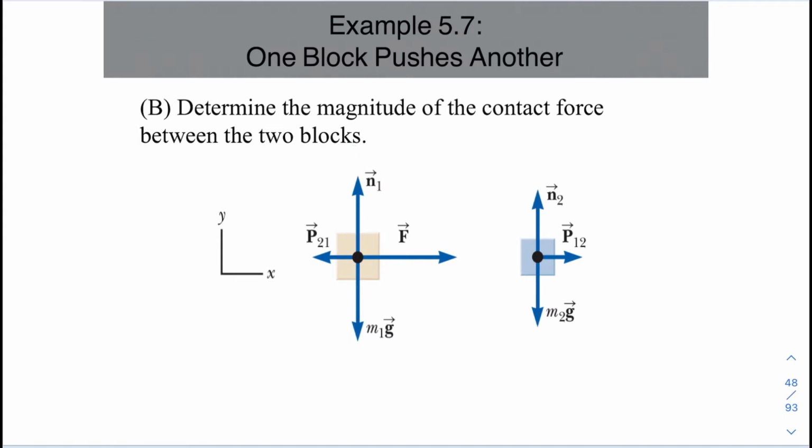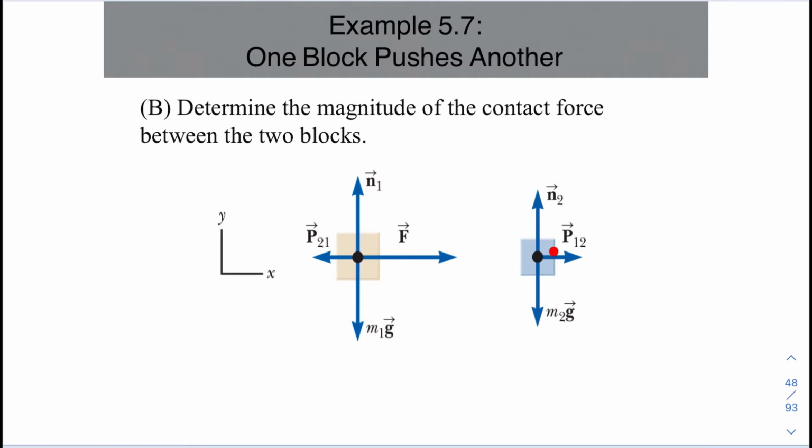Remember we applied F directly onto object 1. Since object 2 is just next to object 1, object 2 is going to be pushed by object 1. So the blue block here experiences P12, the force of 1 on 2, and it will be pushed to the right.